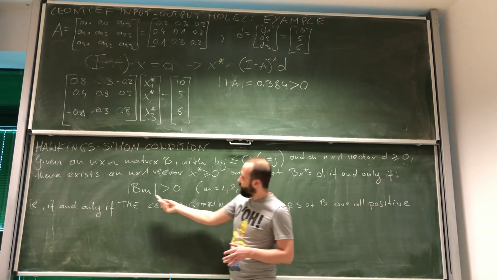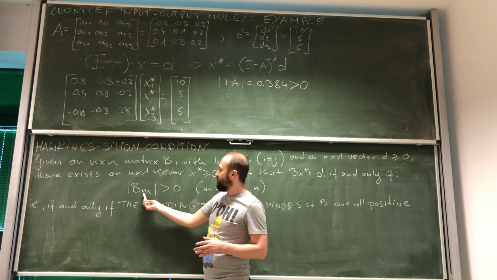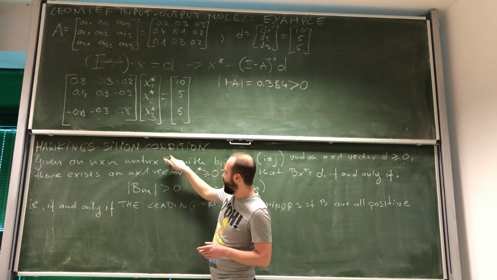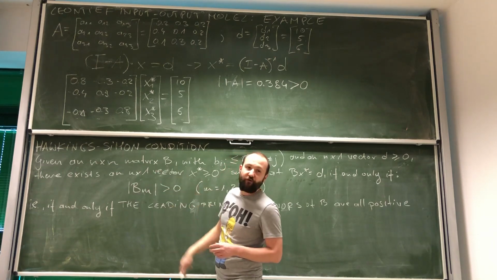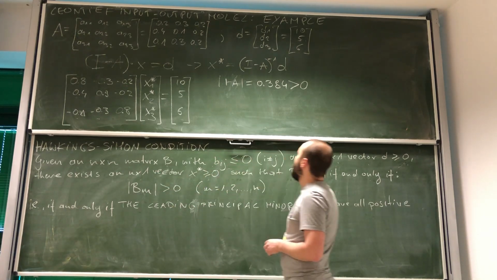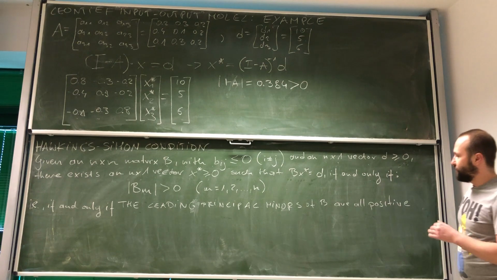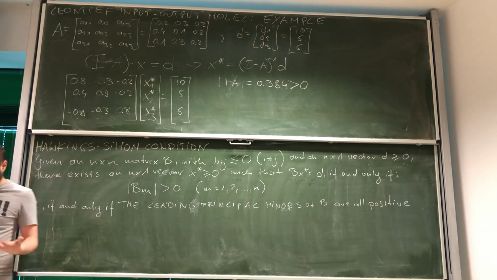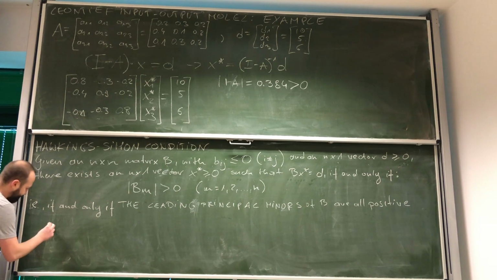the leading principal minors of B are all positive. Okay, so here we've got this matrix, the determinant of matrix B, for which we will be calculating the first principal minors. What are those first principal minors? Actually, this is very easy to explain. I'm going to show you like that.